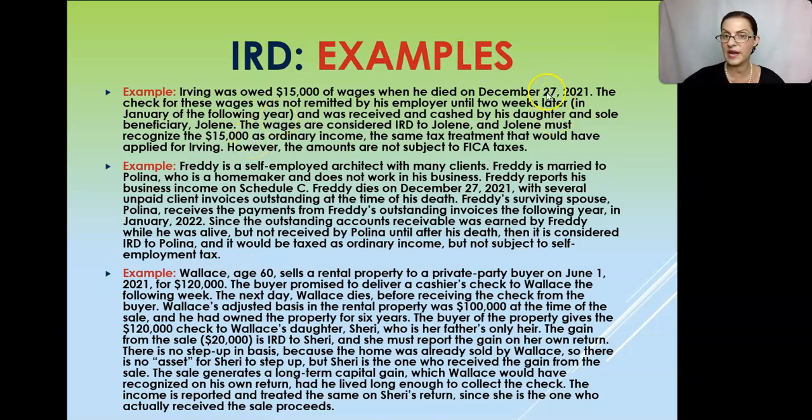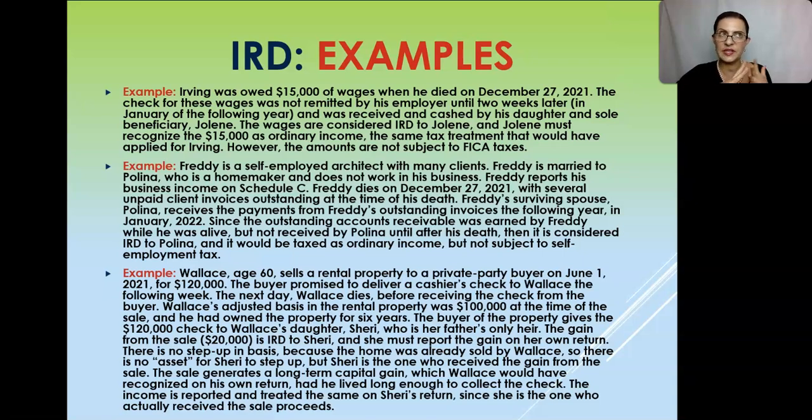The check was received and cashed by his daughter and sole beneficiary, Jolene. The wages are considered IRD to Jolene, so she cashed the check, and Jolene must recognize the $15,000 as ordinary income, the same tax treatment that would have applied for Irving. So it's ordinary income to her, and it's taxed at ordinary income tax rates.